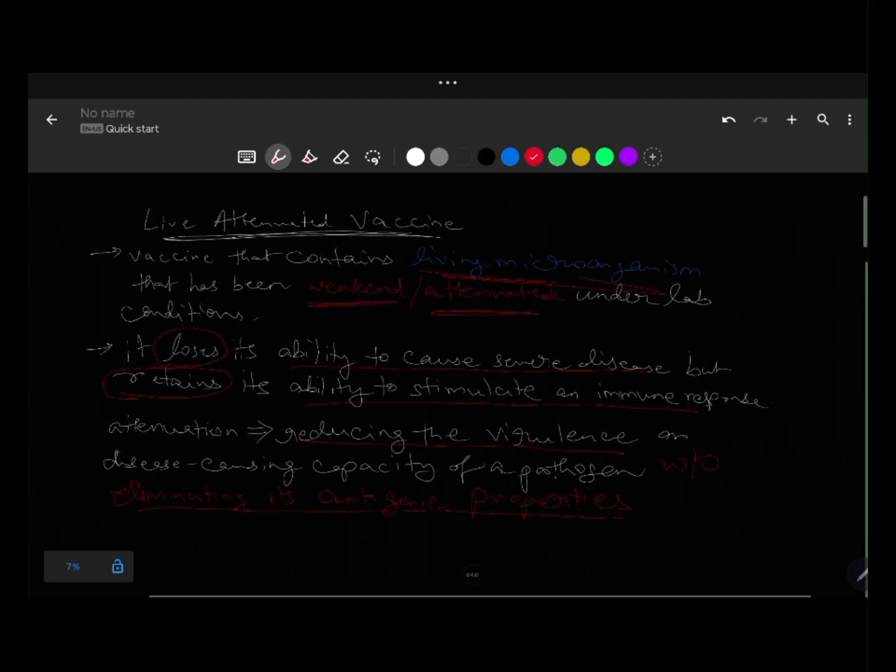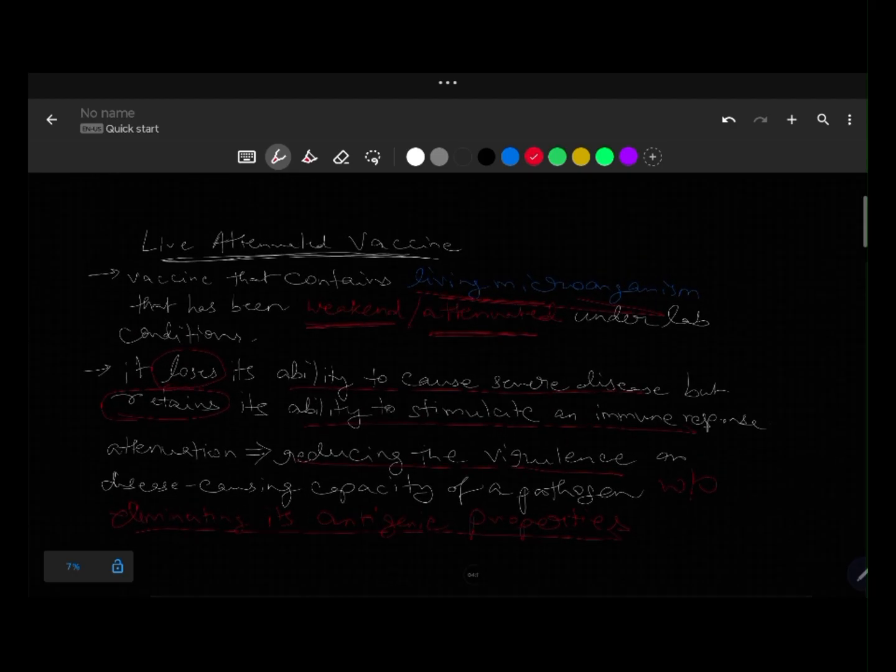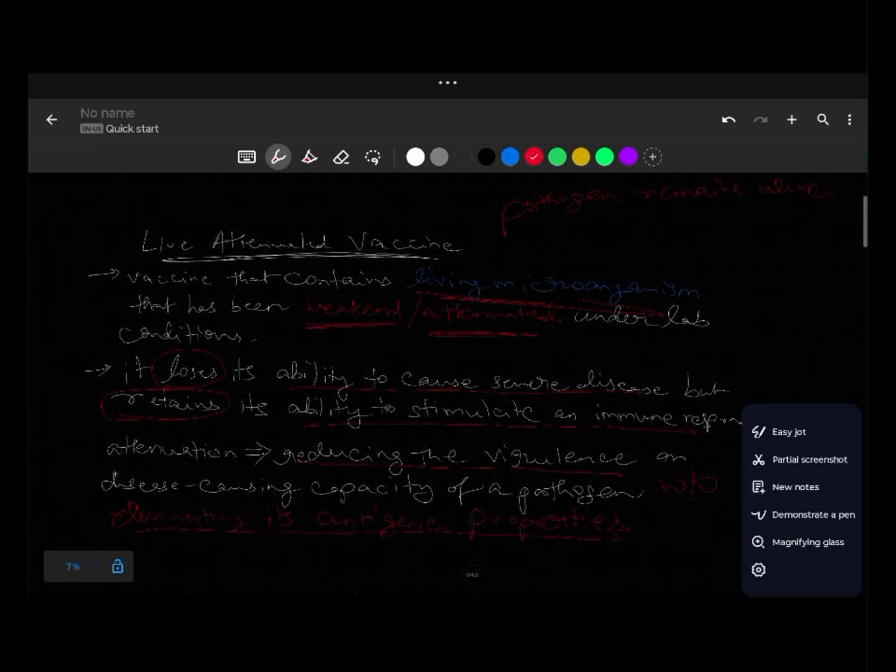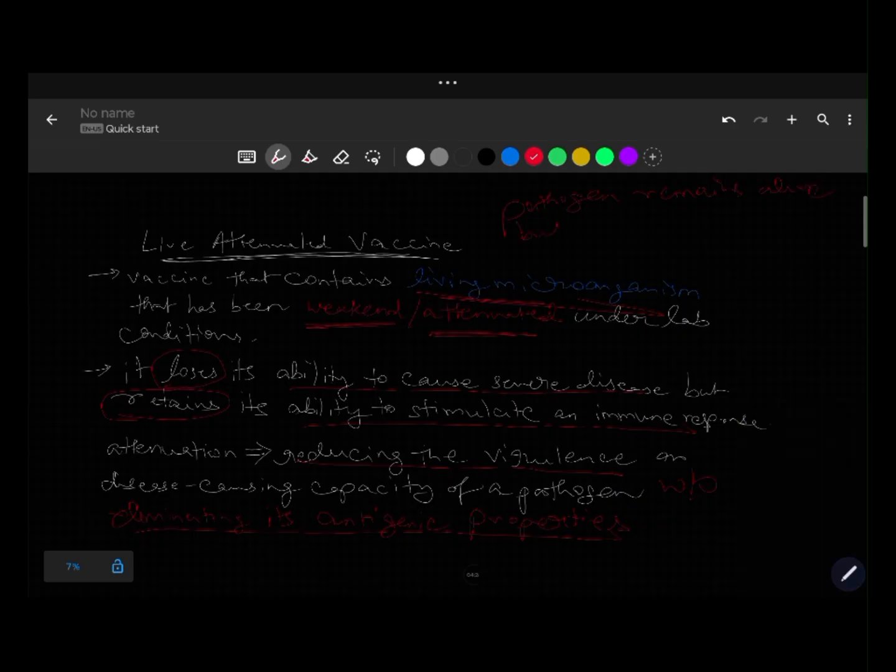In other words, the pathogen remains alive but becomes less dangerous.